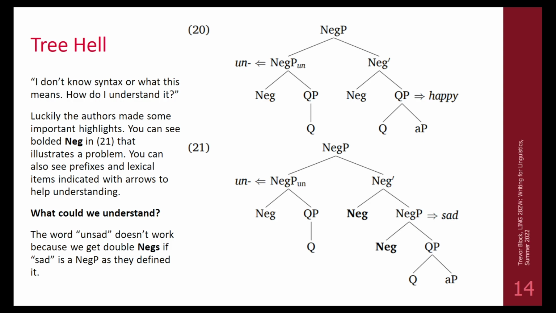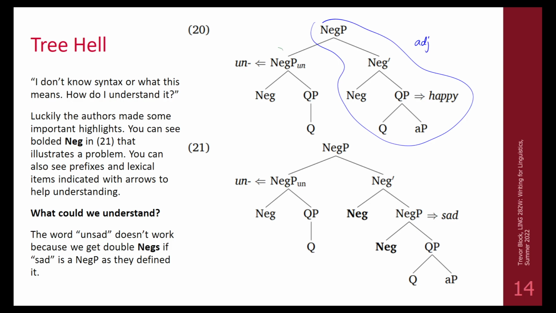I'm just trying to get the main point, but I can sort of illustrate this to you here. If we take a look at this bit right here, we have the structure of an adjective. So this is our adjective happy, and really the QP and below is where happy is.